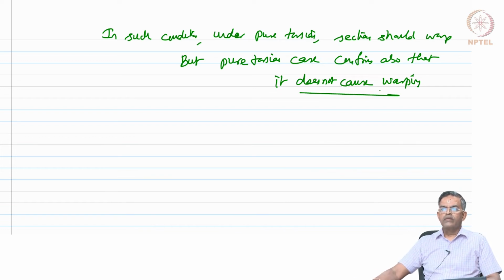Therefore, the angle of twist is allowed to change along the length of the member, the section is allowed to warp, but warping is same at all cross sections along the member. Okay, that is a beautiful assumption, technically valid.